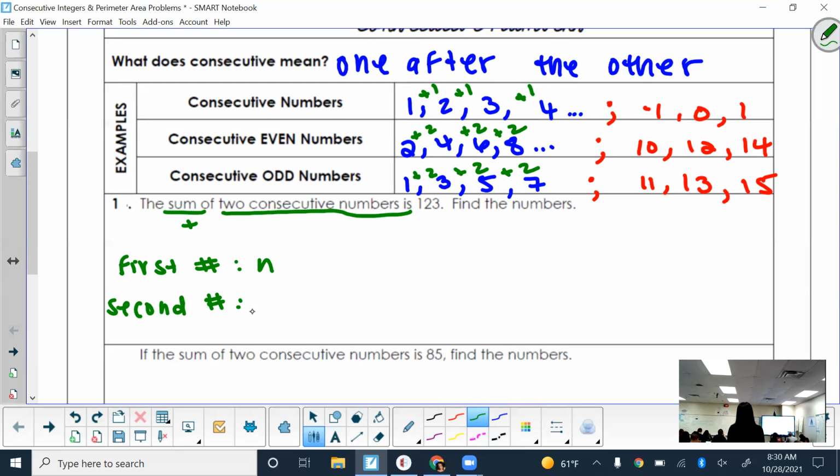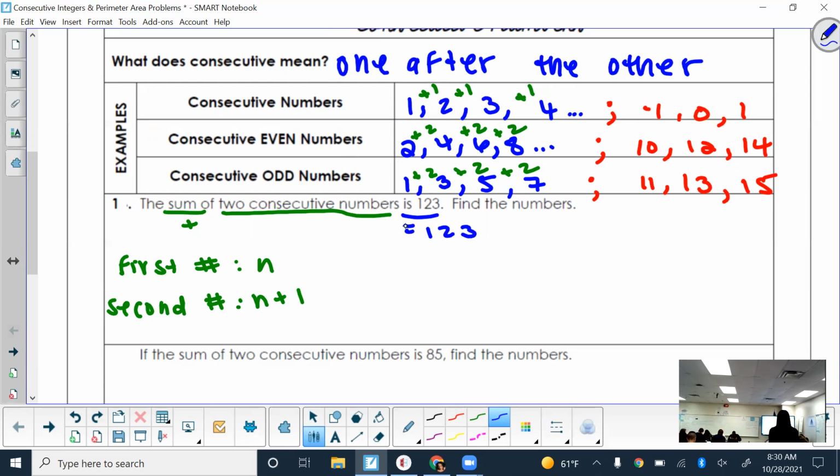How can we write an expression for our second number? N plus 1. All right, so adding a number to our original number will give us our second number. Questions about that? And then how do we write is 123?